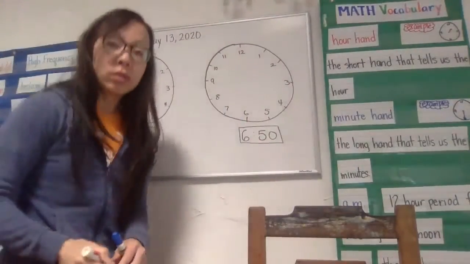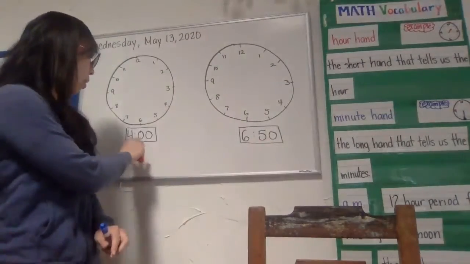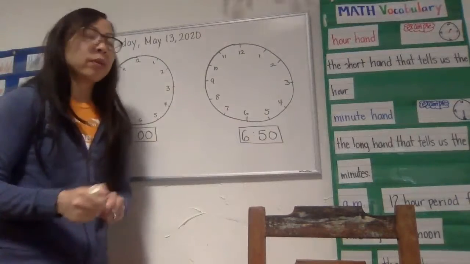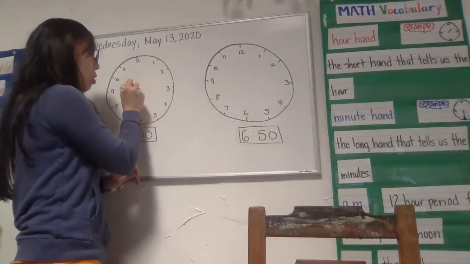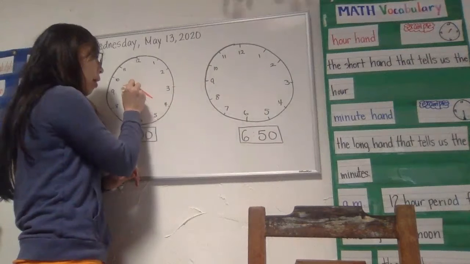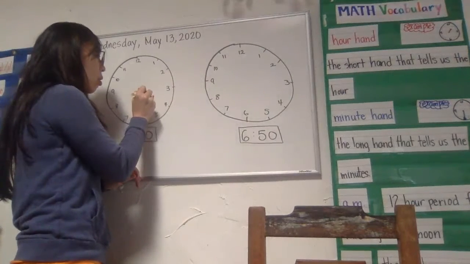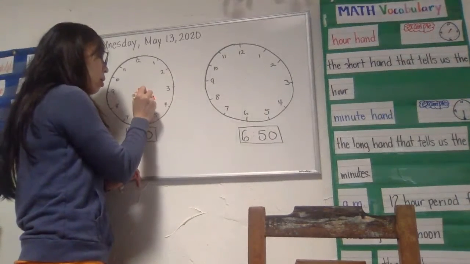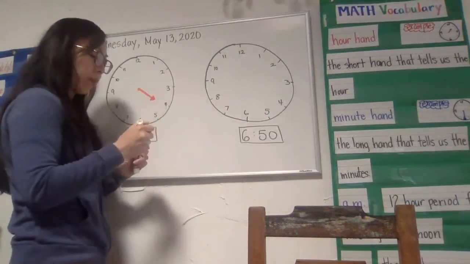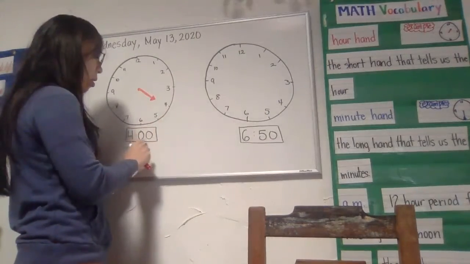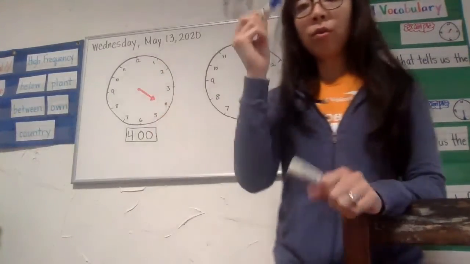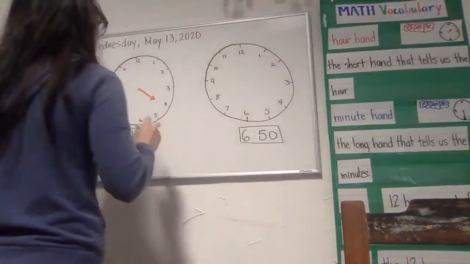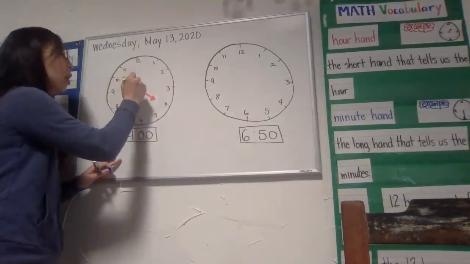So when we have this starting place of the beginning of the new hour, we know that our hour hand is going to be a short hand that points directly at the hour. So it's not going to be between any hours. It's going to go right to the 4. And when I have 0, 0 for my minutes, my blue is what I've been using for my minutes, it's going to point right at the 12.